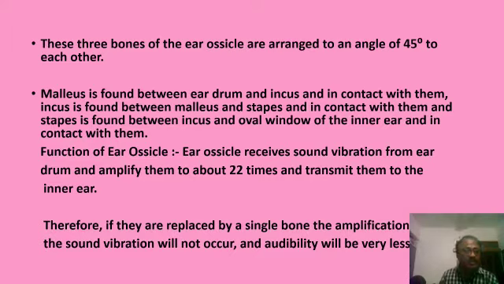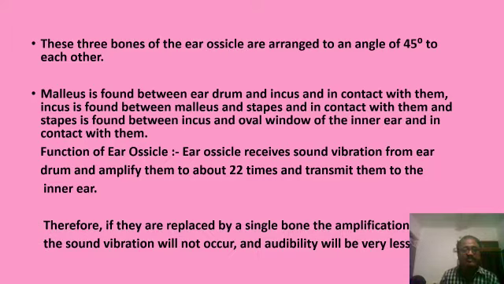Function of ear ossicles: they receive sound vibrations from the eardrum, amplify them about 22 times and transmit them to the inner ear. Amplification of the sound vibrations, then transmission into the inner ear, that is the function of ear ossicles.